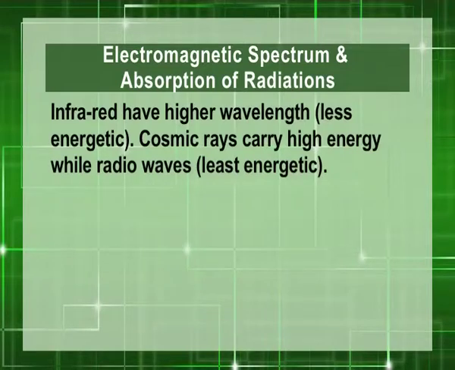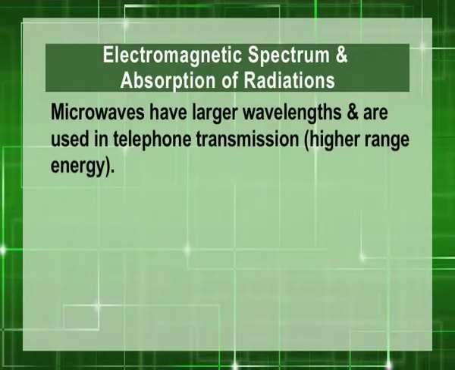Infrared has a higher wavelength, that is, it is less energetic. Cosmic rays carry high energy, while radio waves are the least energetic. Microwaves have larger wavelengths and are used in telephone transmission.